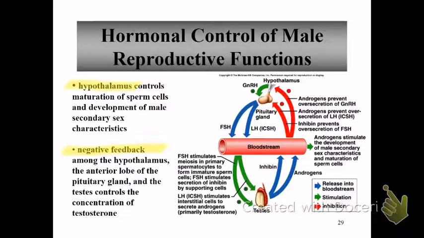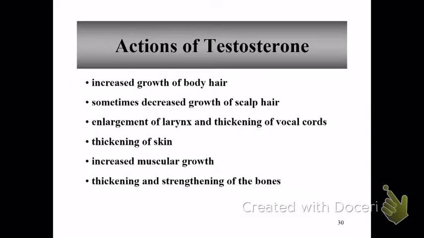Remember what negative feedback is? It's homeostasis. It's finding that balance. Okay, testosterone. You want to know, I think we already wrote it in, but they're made in the interstitial cells of the testes. Now, I guess it says that on the slide, but what does testosterone do?